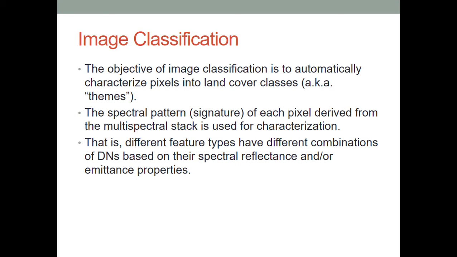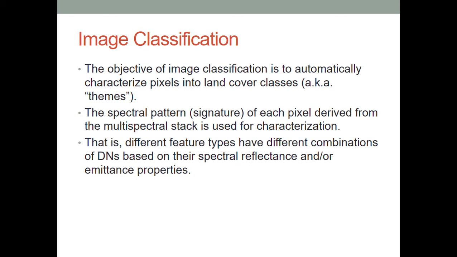So why we do image classification is we want to investigate and thus group or classify the land use based on the pixel values on the different bands of the imagery that we have, okay, and group them, identify them, and make it into the whole image.